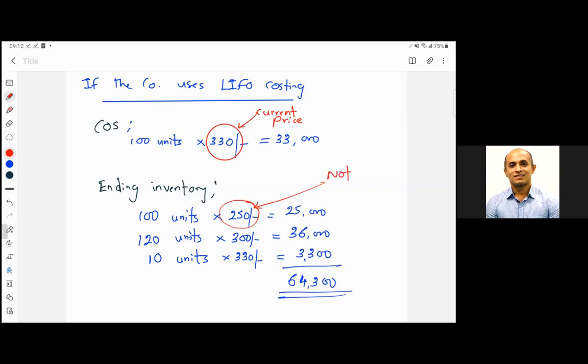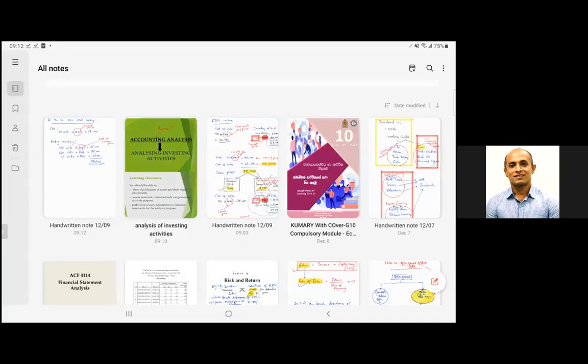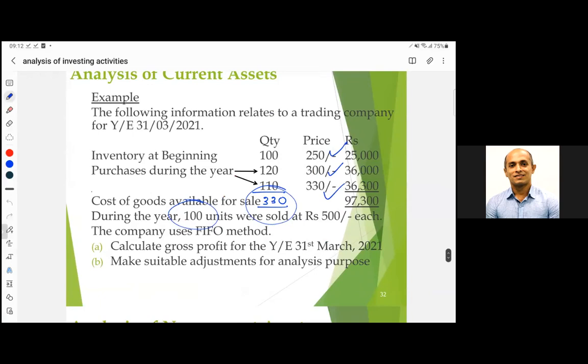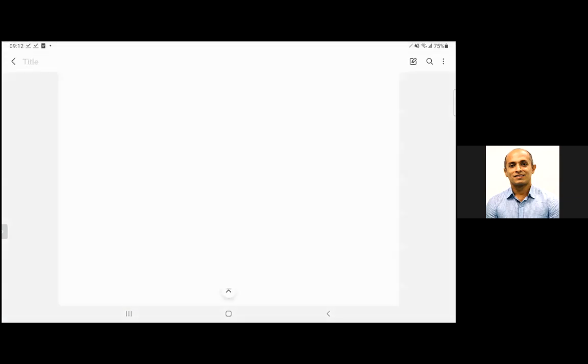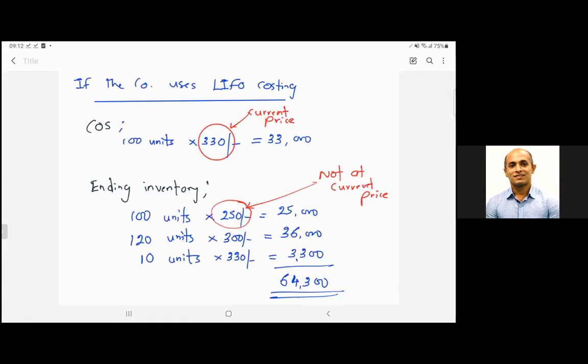Now you see this includes the 250 price. 250 is the beginning stock price, which means it's last year's price. It is not the current year price.